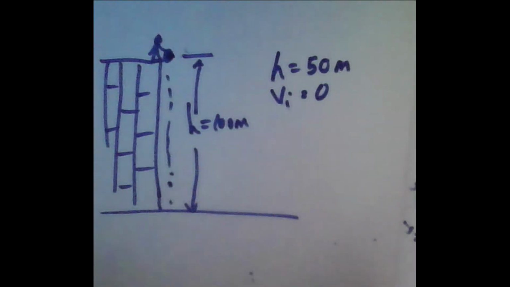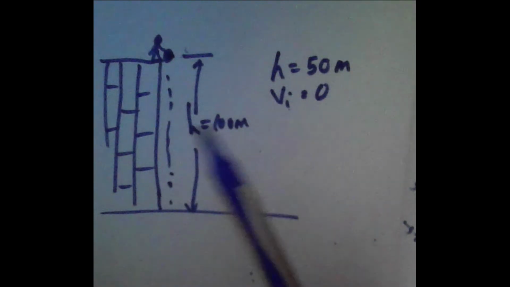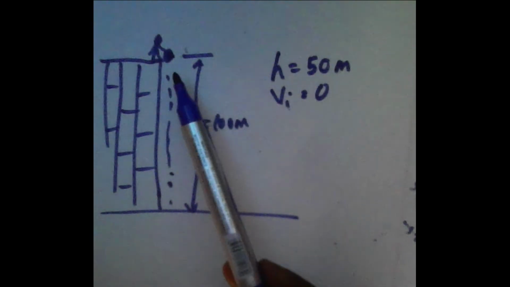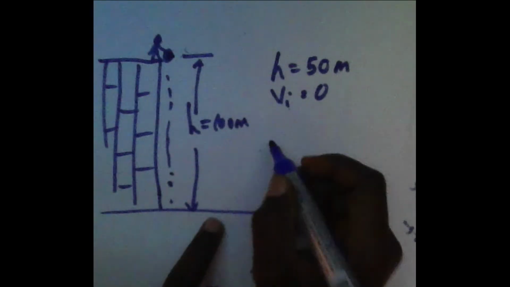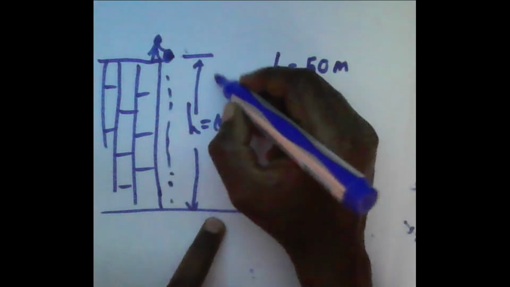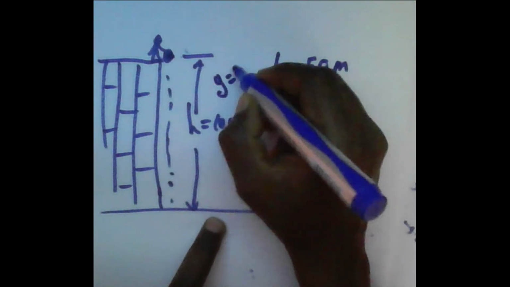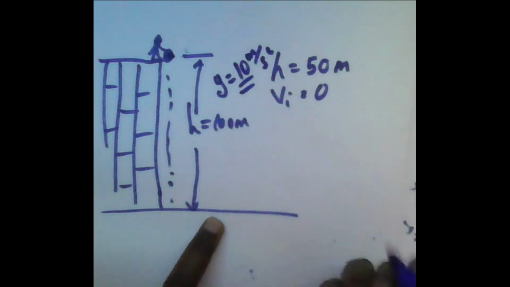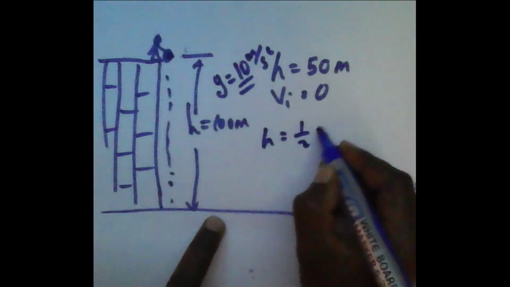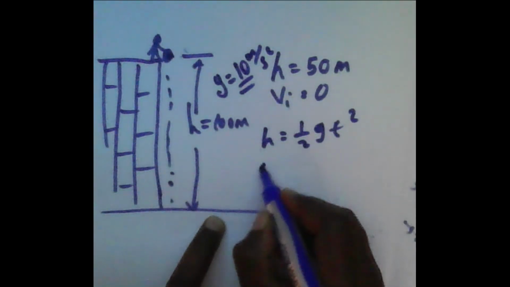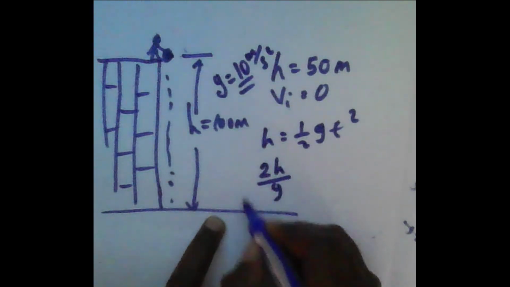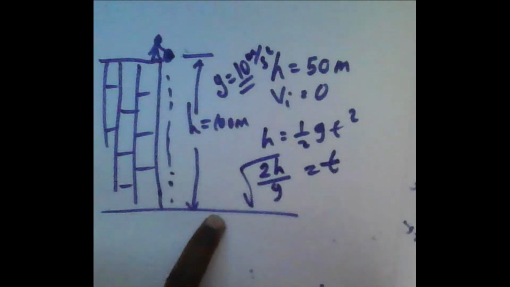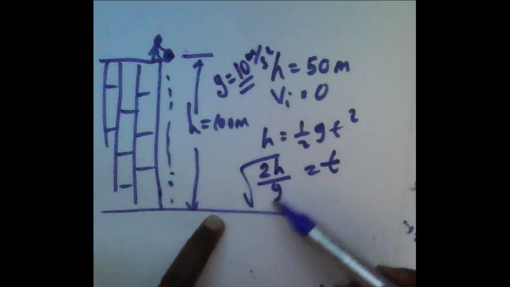Therefore, let's find the final velocity. But before that, it is more advisable to get the time interval when the ball travels half of the building. So let's use the other formula to make it very simple. Let's take the acceleration due to gravity as 10 meters per second square. h is equal to half g t square, so t is equal to the square root of 2 times h divided by the acceleration due to gravity.